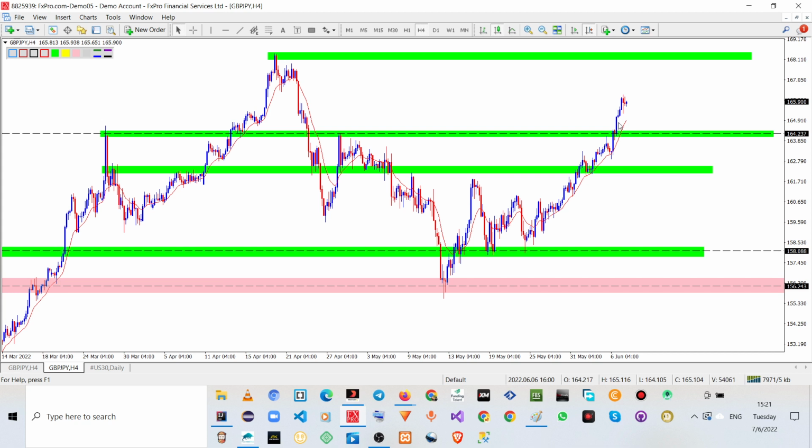So one would wait for price to come and react to this area, then trade it to this support right here. One would wait for it to get there and react, then trade it all the way down to this area right here as support, and an entry would be made here after certain confirmations are made, of course.